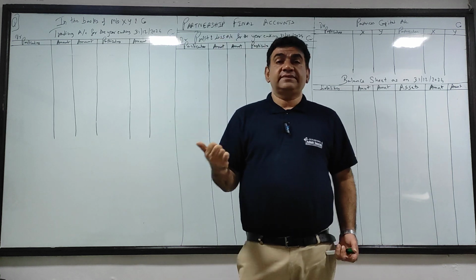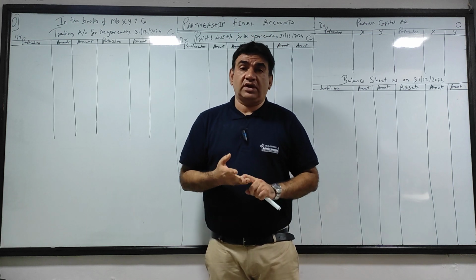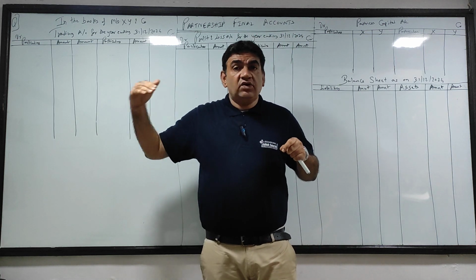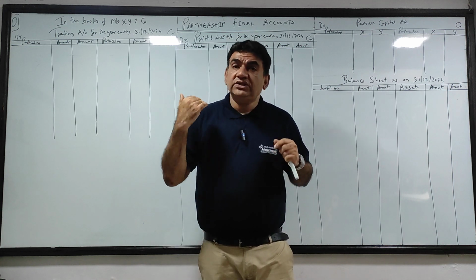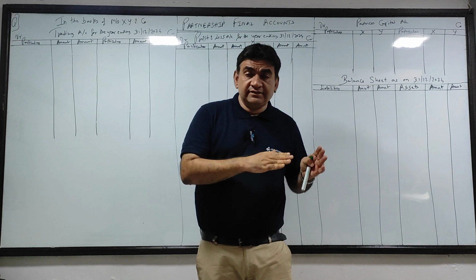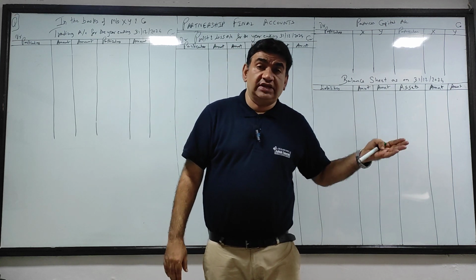Then, in addition to sales, purchase, direct expenses, there is stock. Basic of SYJC: two types of stock, opening stock and closing stock. What is the difference between the two? Opening stock is the stock which you have on the first day of the year, and closing stock is the stock which is unsold on the last day of the year.